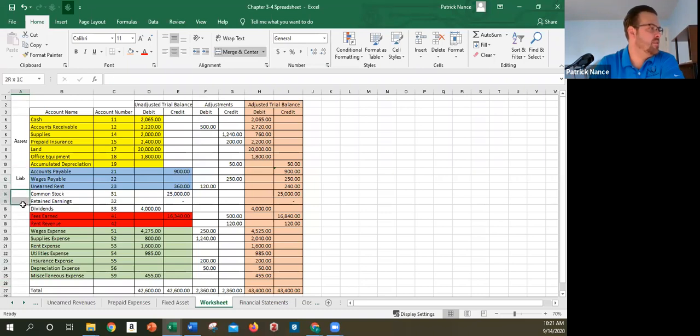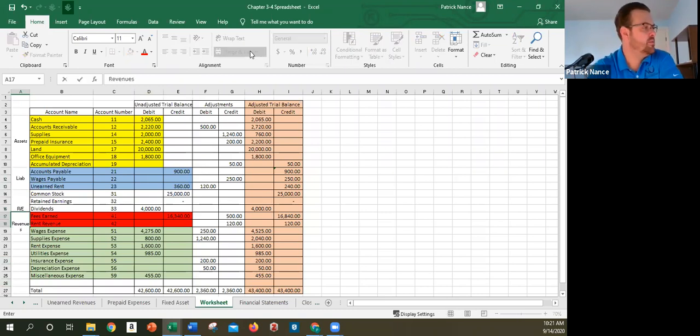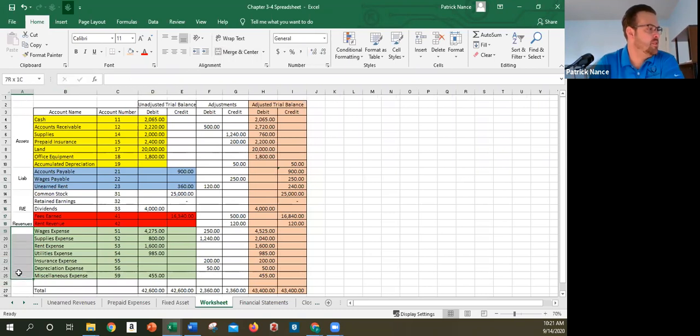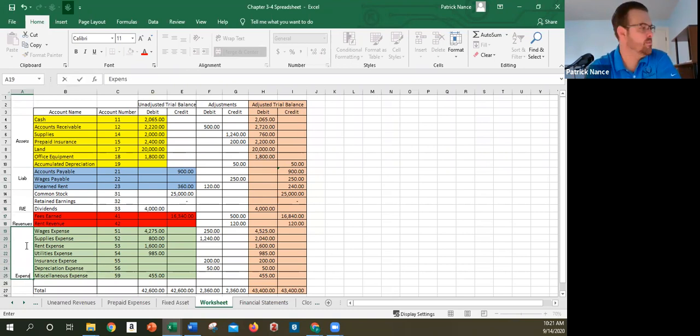Everything here is my stockholders' equity and retained earnings information. So retained earnings now. And these are my revenues. These, as you can tell by the fact they're all labeled as such, are my expenses.